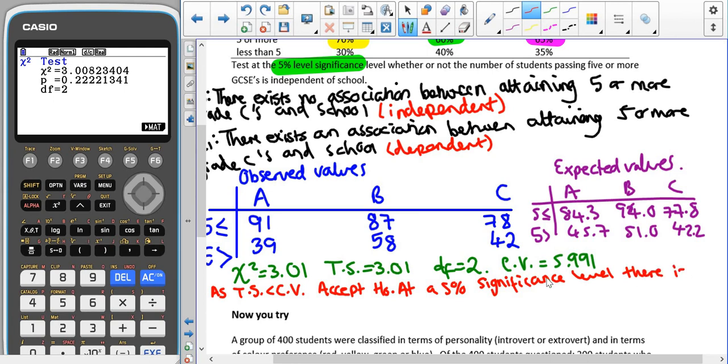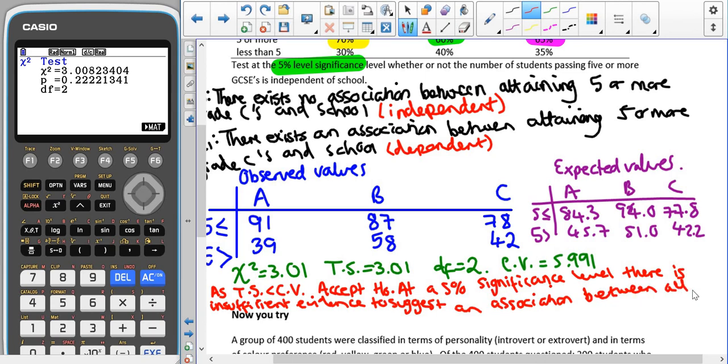Remember that we always write about H1, so we say that there's insufficient evidence to suggest an association between attaining 5 or more C grades and school.